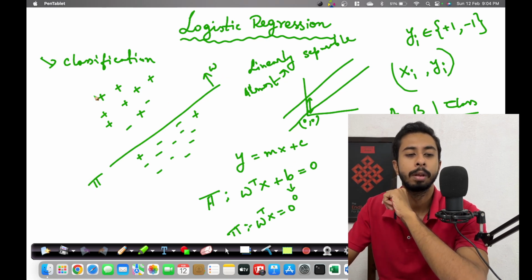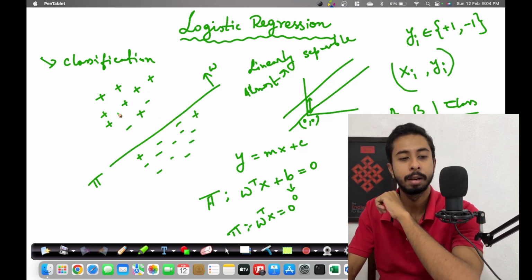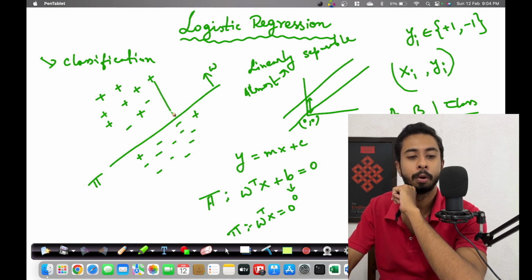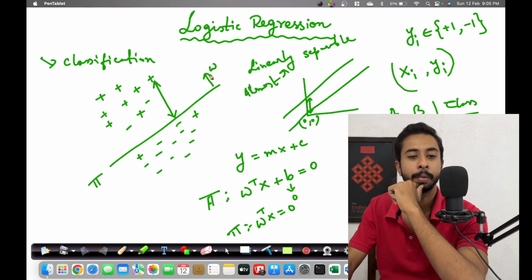So here we have some positive points, we have some negative points, right? And now we simply check what the distance is. You already know this from linear algebra, still I'll explain this distance. What is w? W is the normal to the plane, and we are assuming that w is a unit vector.